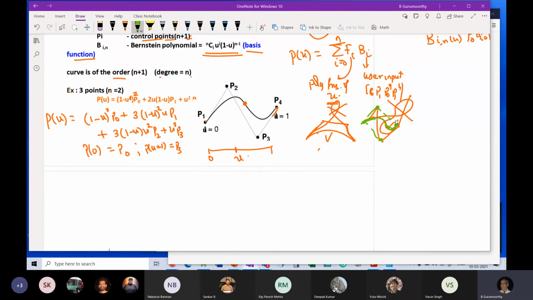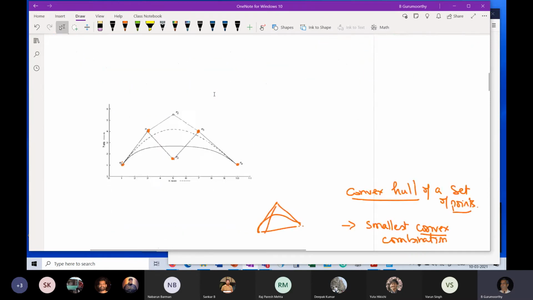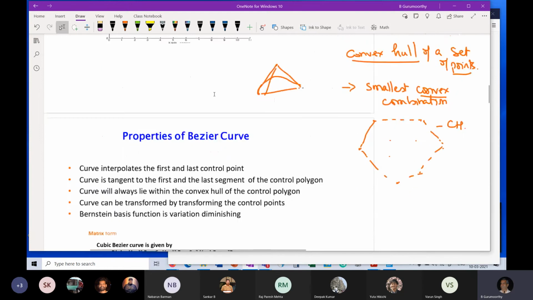So the properties of the Bezier curve turn out to be very nice properties that allow a great deal of intuition and predictability on the shape of the curve. Therefore, even if you were to choose a very strange looking control polygon, like that, so let me just flesh out the control polygon for you.